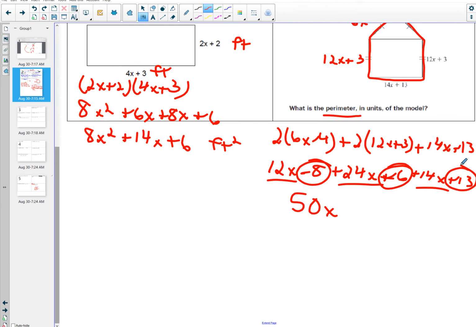Go ahead, David. It is positive 11. Any questions on that first page?